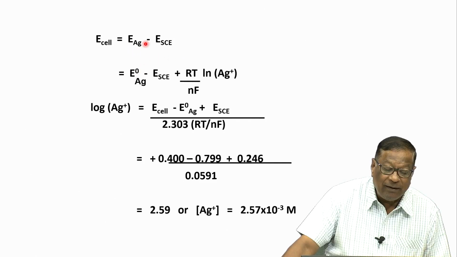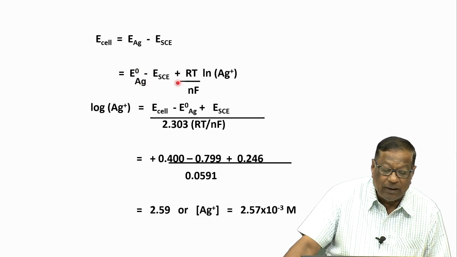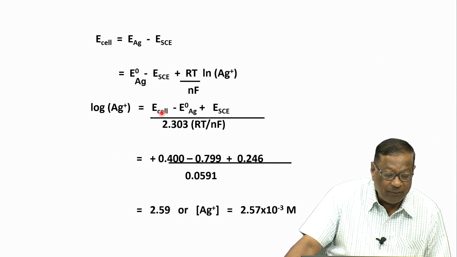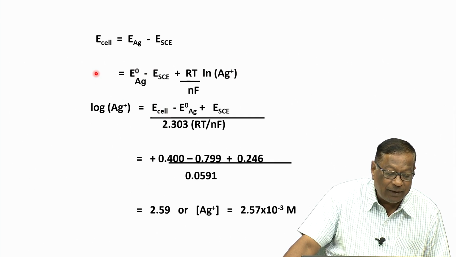What is E_Ag? E_Ag is E naught plus RT by nF ln Ag plus, minus E_SCE, this I am writing here. So, log of Ag plus, I can transfer it on the left side, is nothing but equal to E cell minus E naught Ag.